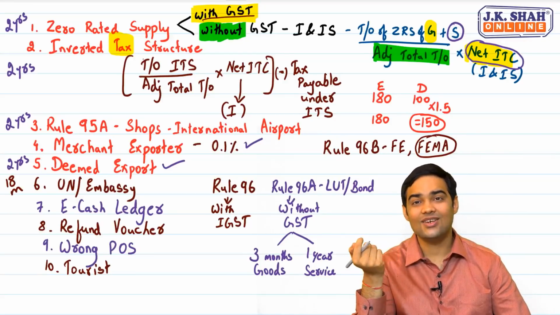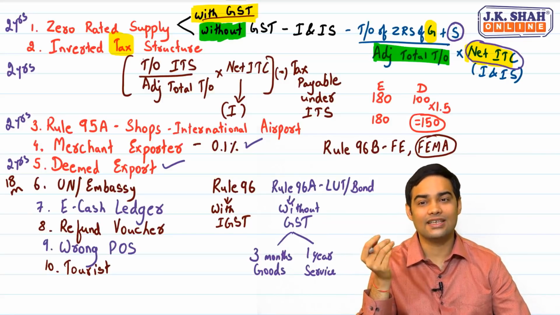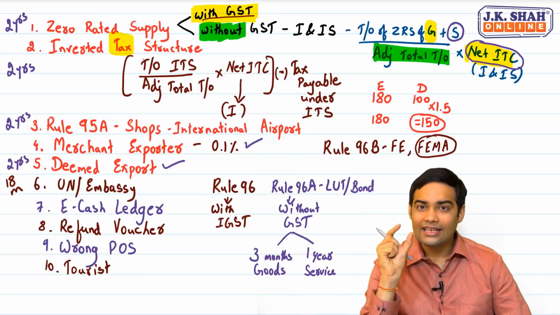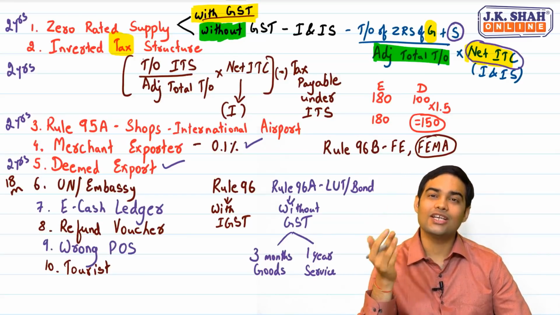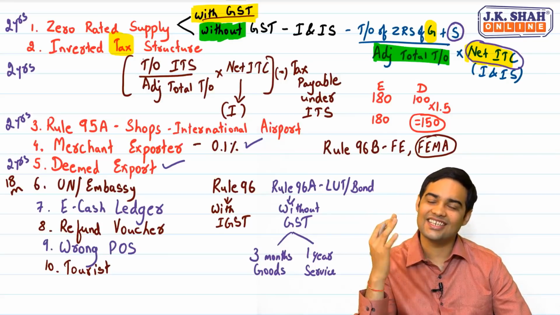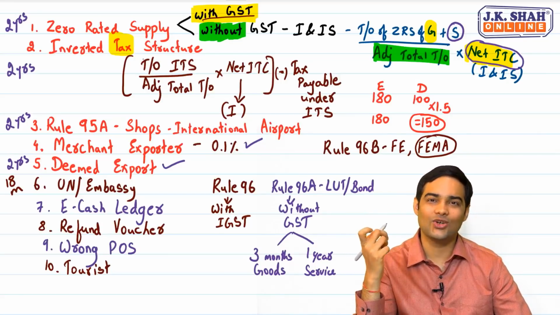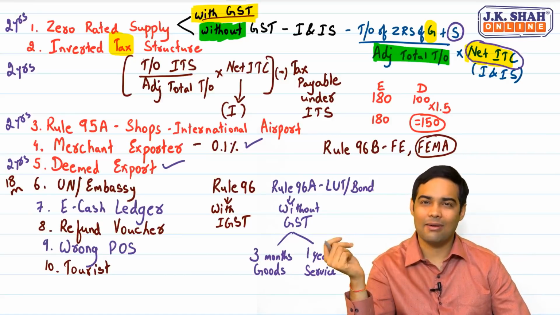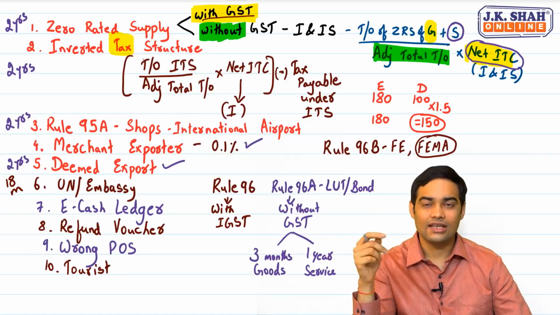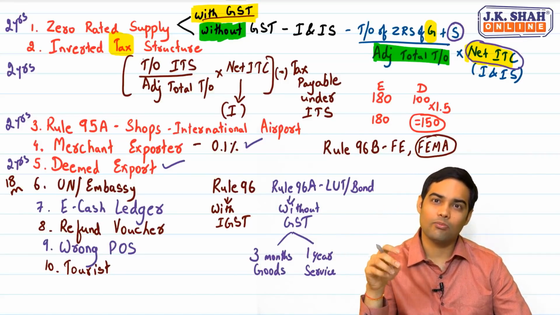So this condition was not there, just added newly for November 20 exams that in case you claim a refund, export the goods, but you don't receive foreign exchange, in such cases, you will have to refund the amount back to government. Clear with this? Yes. Obviously applicable for May 21 as well. 96B, be very careful about this one particular point.